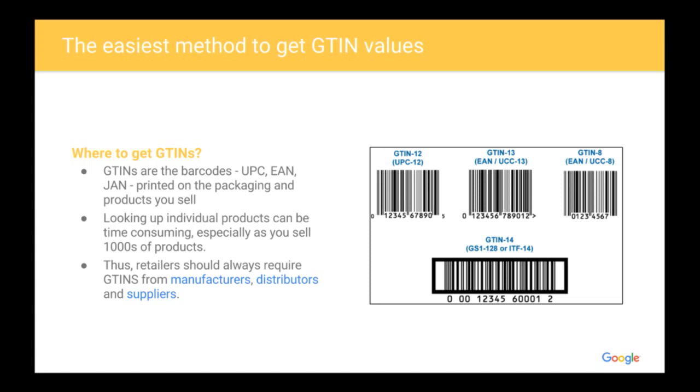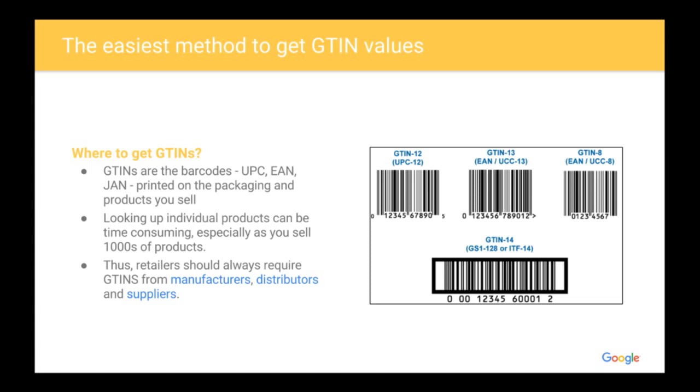For most products, the manufacturer will provide a GTIN to uniquely identify that product in the global marketplace. If you don't already have correct, complete GTINs in your data feed, it should be easy to find them. It's the 12 or 13-digit number printed below the barcode on the item's packaging.